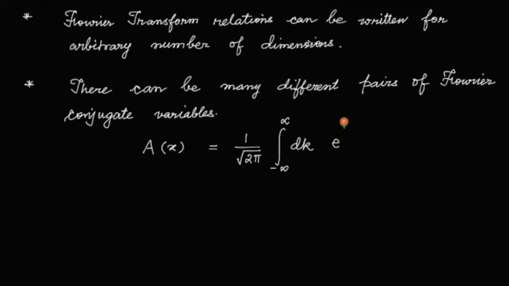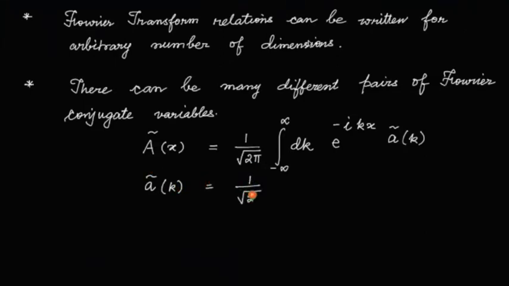So this is kx. And I did not say that it is electric field, so let's still use minus here. Okay, so that will be a nice Fourier transform relation, and then the inverse transform relation can be written like this.